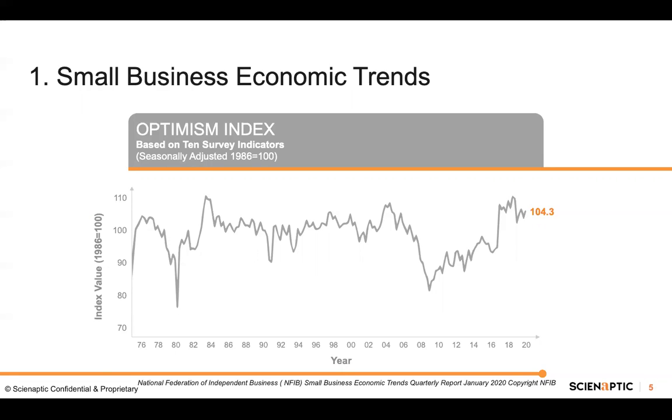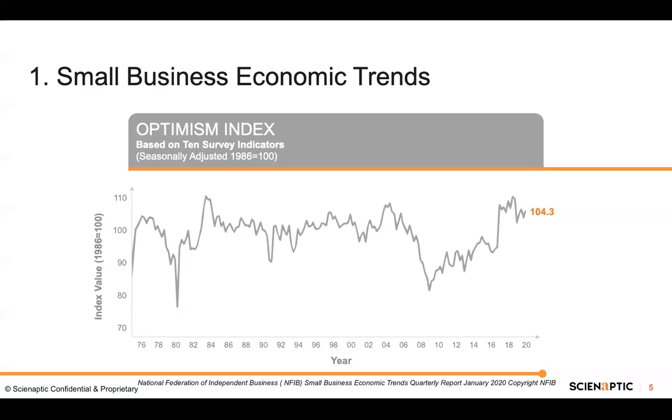It produces 10 survey indicators and summarizes them in the form of an optimism index. Those indicators span the wage market, the sales, the capital spending the businesses are doing, and the entire health of the business.